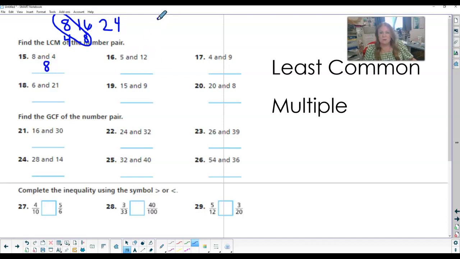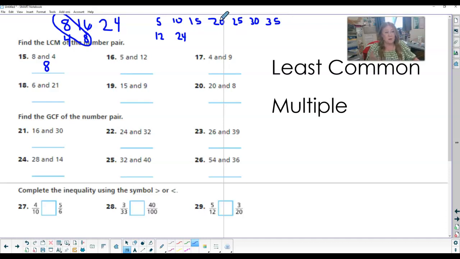So if I'm doing 5 and 12, 5, 10, 15, 20, just listing multiples. I'm going to start with 12s: 12, 24. No, they don't have anything in common yet. So we're going to keep going on our 5s: 30, 35.